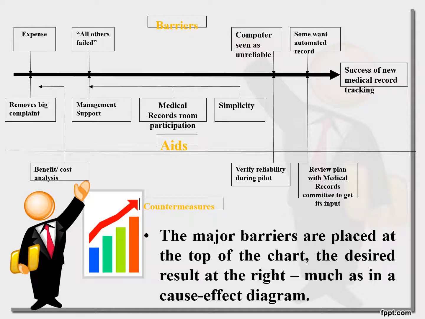Here is an example of the barriers and aids chart, where the major barriers are placed at the top, followed by aids, and then countermeasures. The desired effect is placed on the right side.